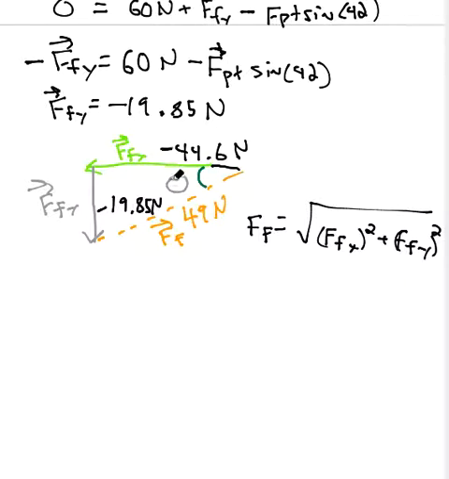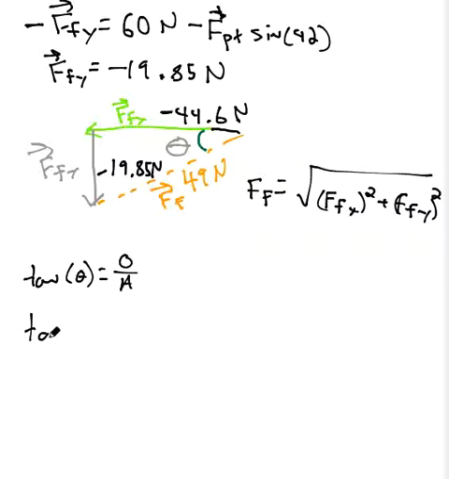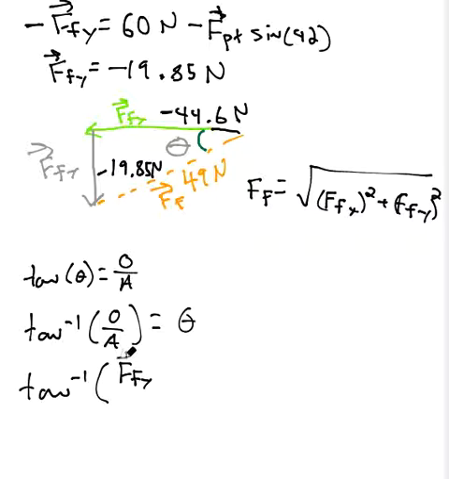So we can do one last trig function to find out this angle. We know that tan of theta is going to be the opposite over adjacent, but if we use tan inverse of the opposite over adjacent, we can find theta. So we know F femur y and F femur x. We have these numbers, so we can go ahead and do tan inverse of F femur y over F femur x.